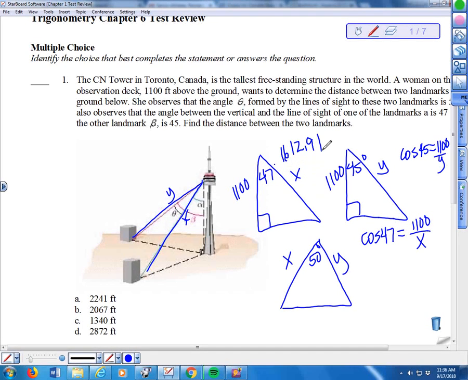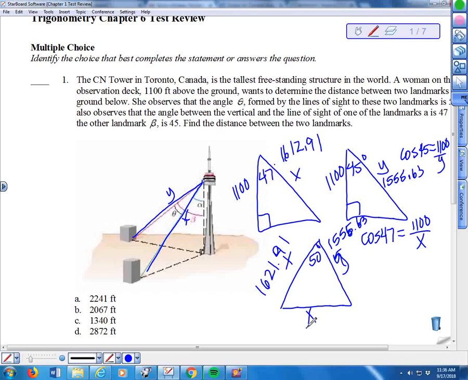And then 1100 divided by cosine 45 to get this one, 1555.63. Now I've got this triangle to solve, and I know this is 1621.91, and this is 1555.63. And I'm looking for the distance between the two towers.